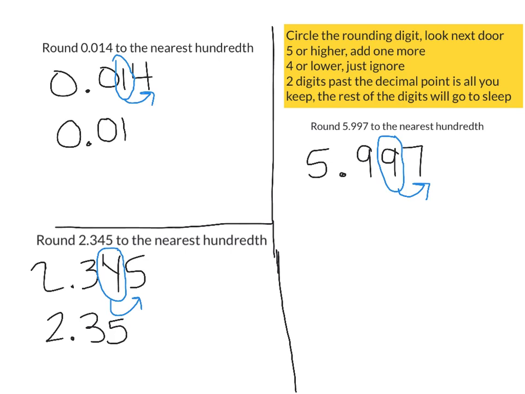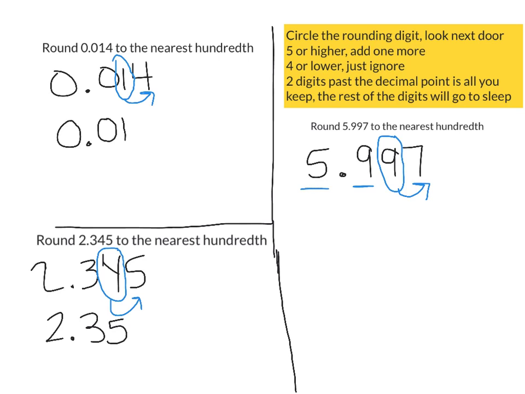Now it gets tricky this time, because if we were to add 1 more, since we're at 9, that means that we need to regroup. And so if we regroup, we would have to add 1 more to the tens place. But since we have a 9 in the tens place, if we were to add 1 more to the tens place, we'd have to regroup again into the ones place.